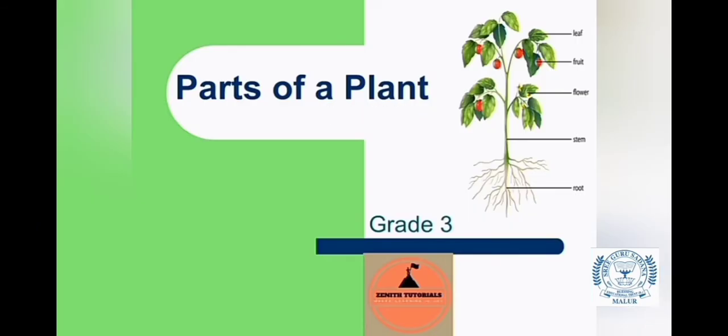Okay, so in this lesson you will learn the parts of a plant and their uses, and also what germination is. Germination is nothing but when a seed gets the right amount of air, water and warmth, it grows into a baby plant.